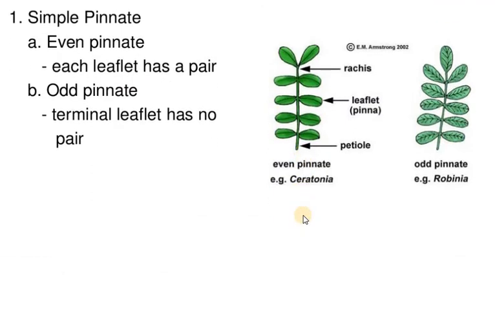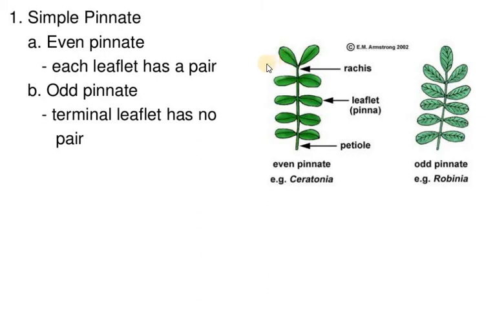And the pinnately compound leaves are of different types. First one is called simple pinnate. In simple pinnate, there are two kinds of classification. One is even pinnate. See, this is a pinnately compound leaf where towards the tip there are two leaflets.